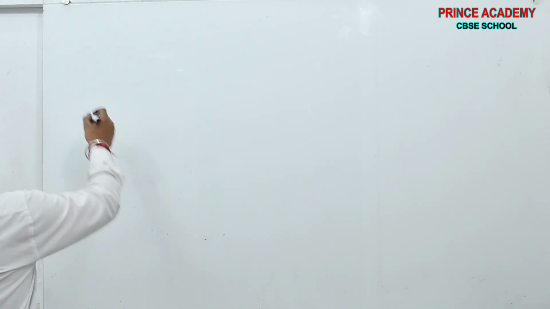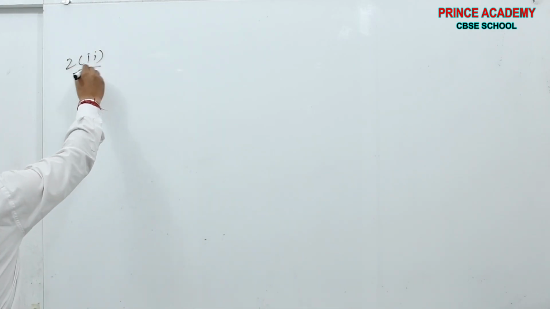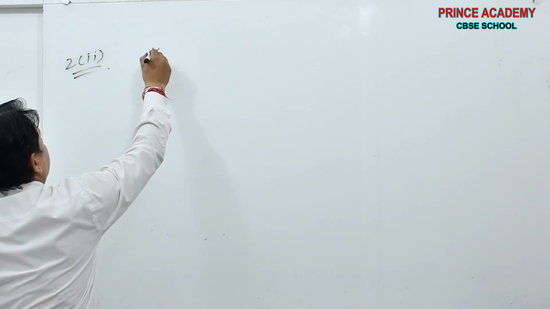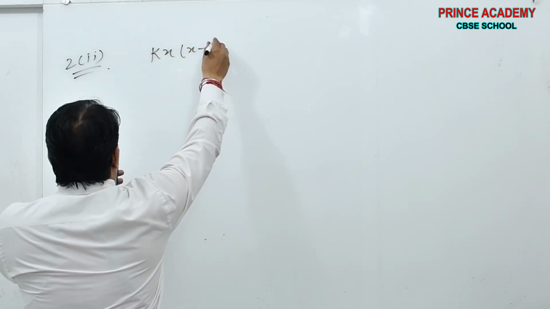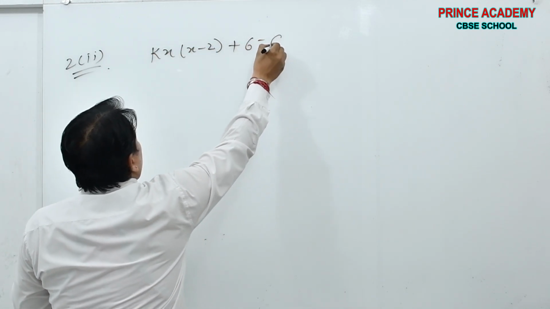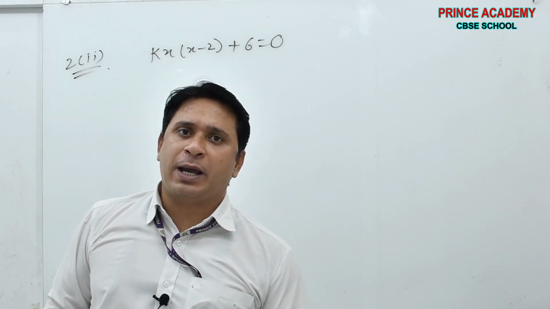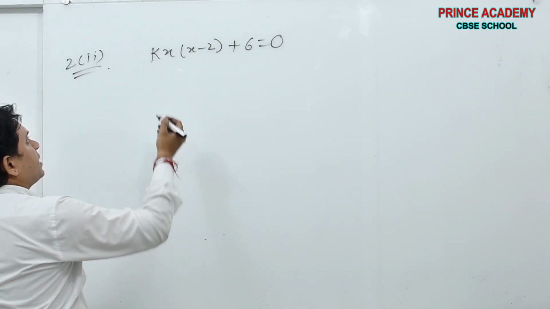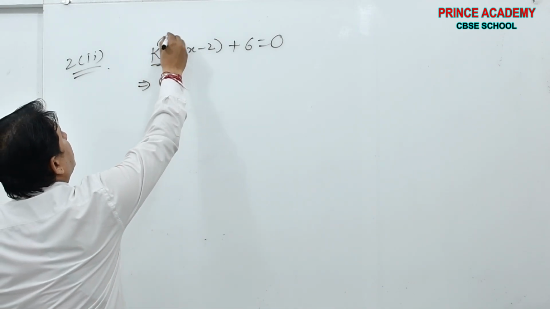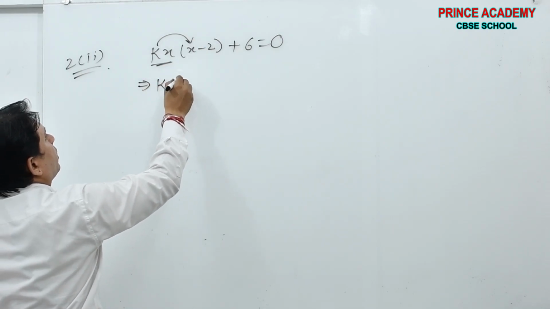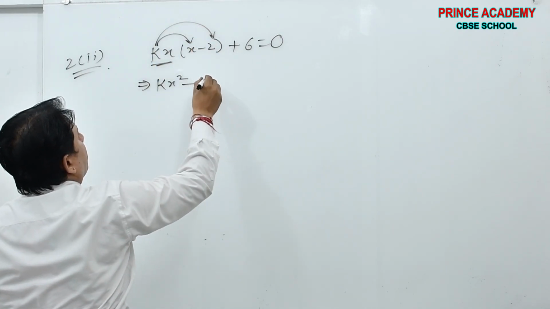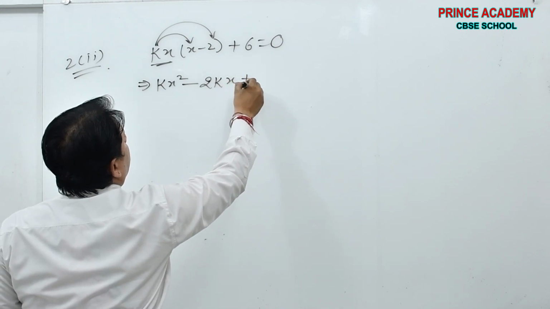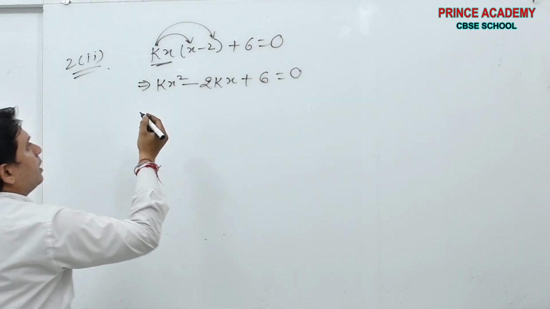I think some students are worried about the second part. I am writing this, beta. kx into x minus 2 plus 6 is equal to 0. You need not worry about anything here, beta. See, kx is multiplied with this, kx square, with this minus 2kx, plus 6 is equal to 0.